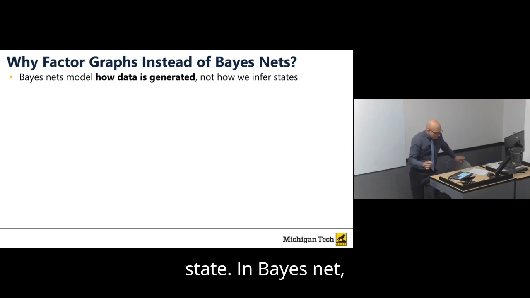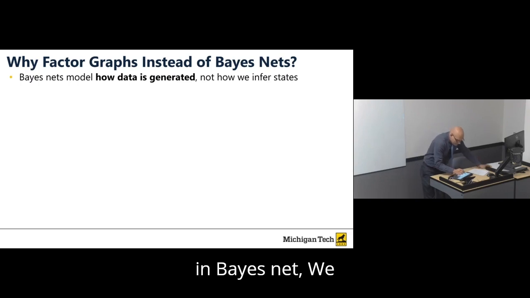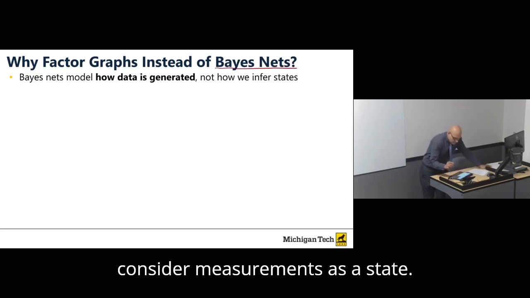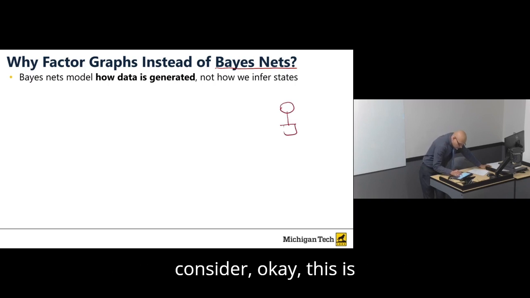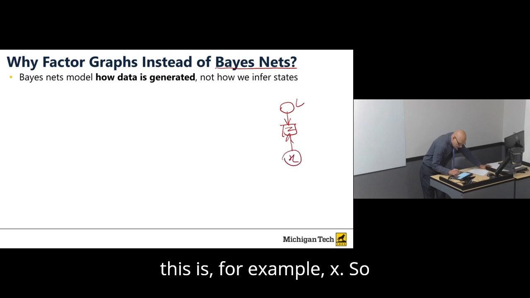In BayesNet, we consider measurements as a state. If you remember in the diagram, this is landmarking, this is measurements, and this is, for example, X. So this is a state.